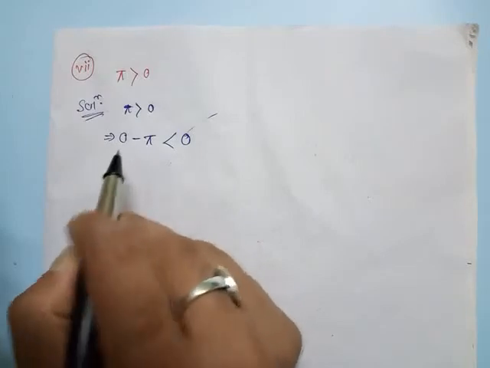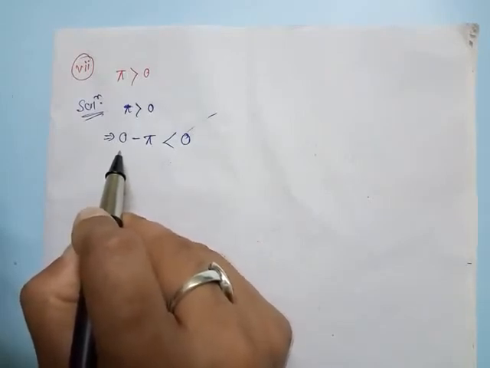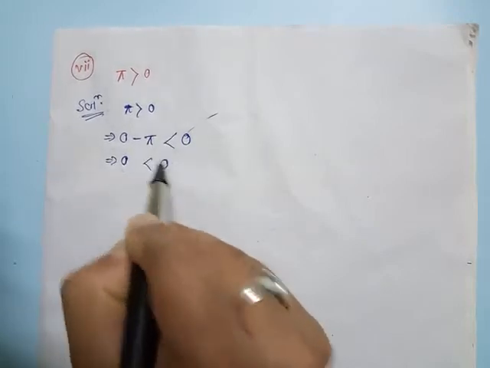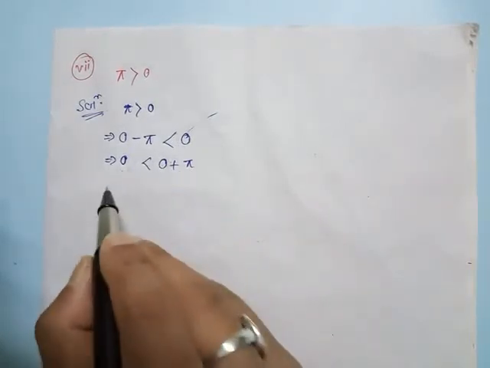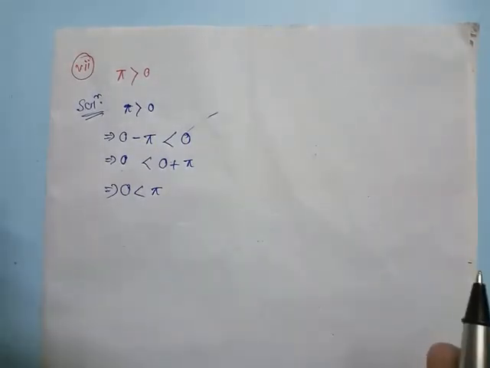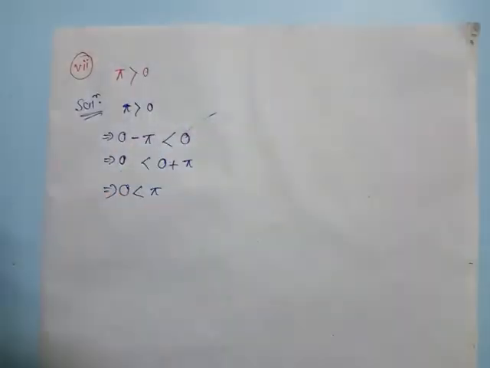We have got this value from here. In the next step, if I take pi on that side it becomes plus pi, so ultimately 0 less than pi.